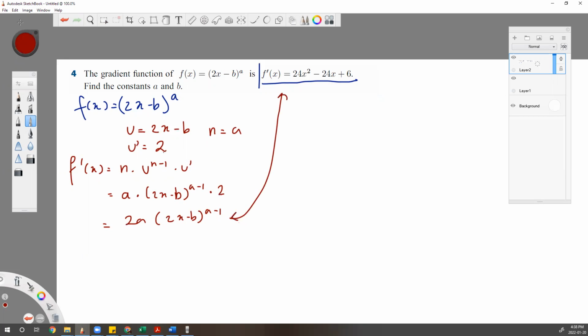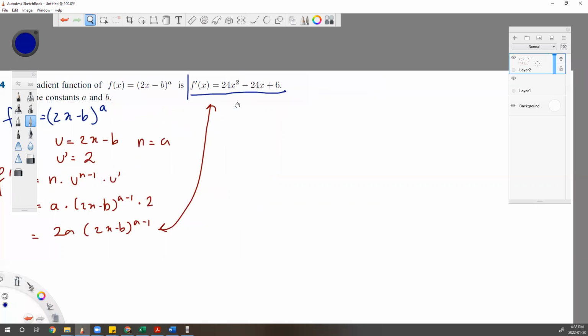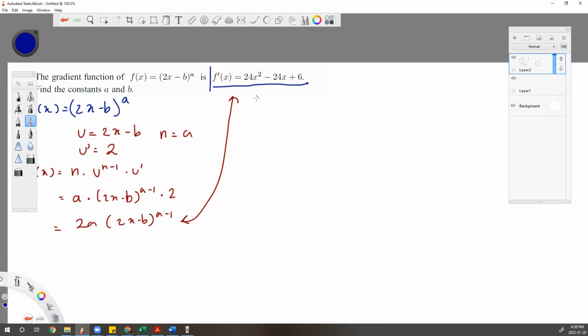So what you need to do is try to look at the pattern. So 2a(2x minus b) to the power of a minus 1 equals this, right? I can get rid of the 6, by the way. 4x squared minus 4x plus 1.